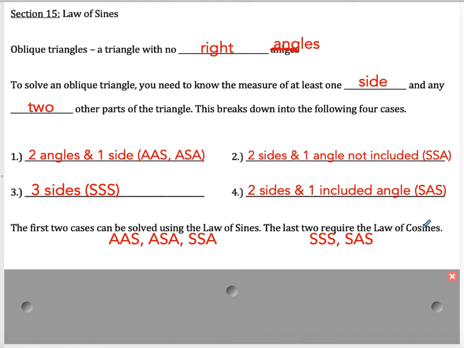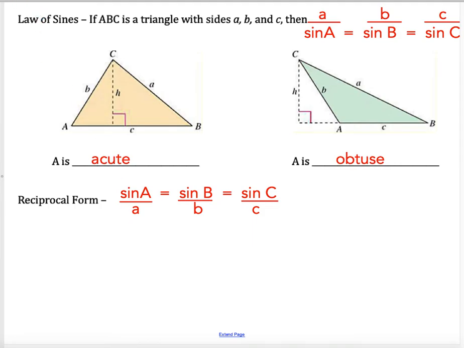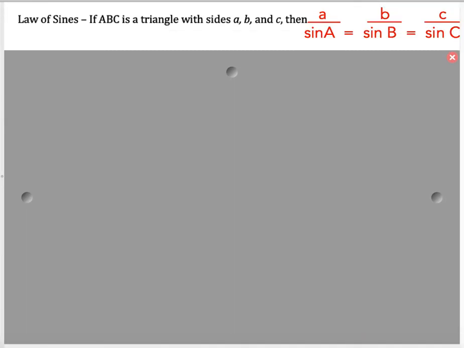All right. So, if you would flip the page, let's go ahead and define what we found earlier for the law of sines. Okay? So, we know that this is true.